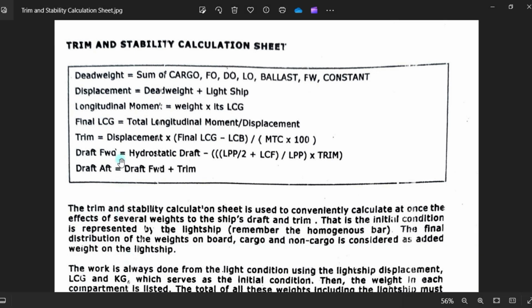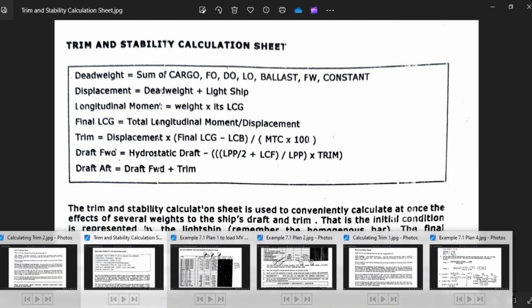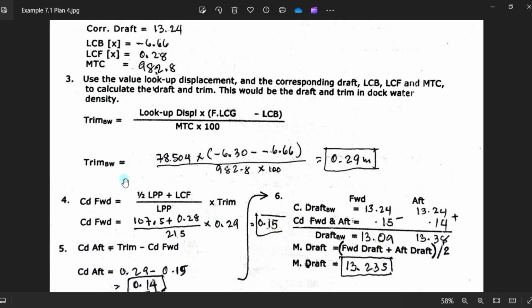So this one, trim is final displacement times final LCG minus LCB over MTC over 100. Okay, so we go back to this one.